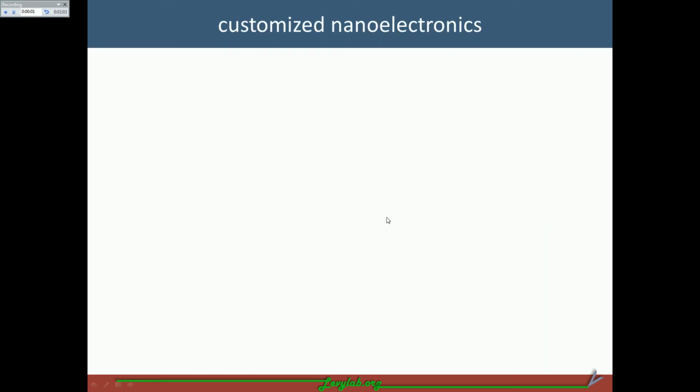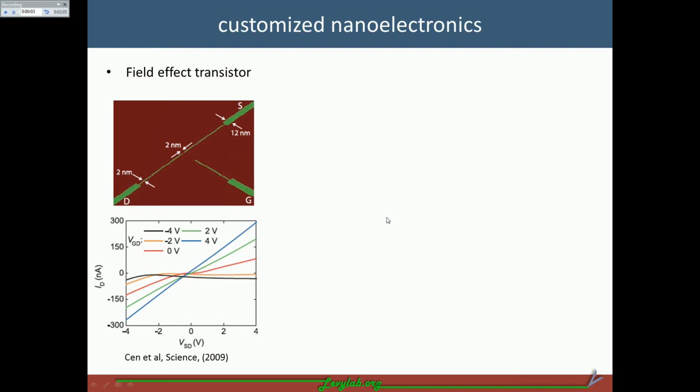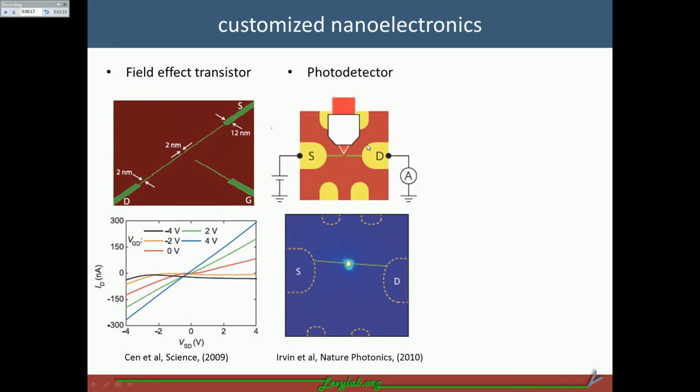Also, by using the AFM lithography technique, we can make customized nanoelectronics like a field effect transistor, where the transport properties between the source and drain can be modulated by the gate voltage. And also we can make photodetectors. There is a nanoscale gap, usually around 10 nanometers, between the source and drain, and if we apply light to these junctions, we can measure photocurrent between source and drain.